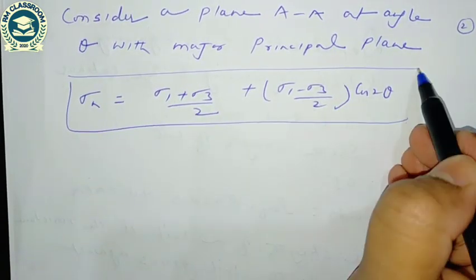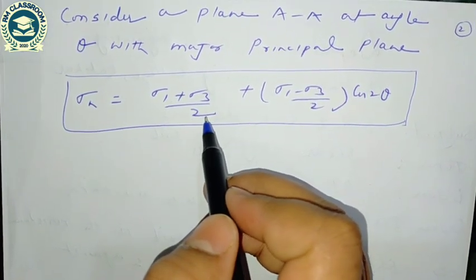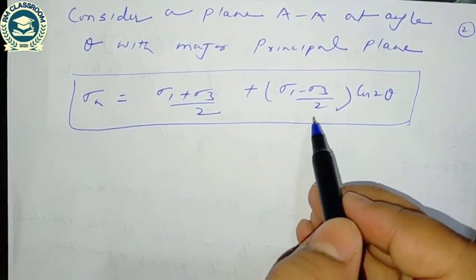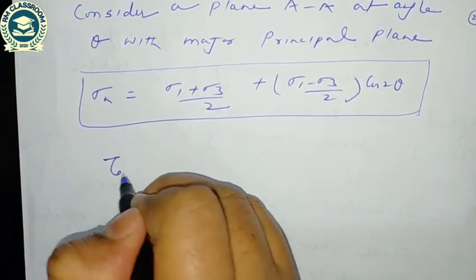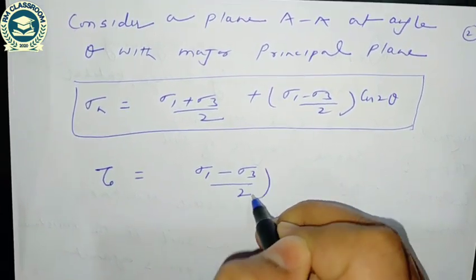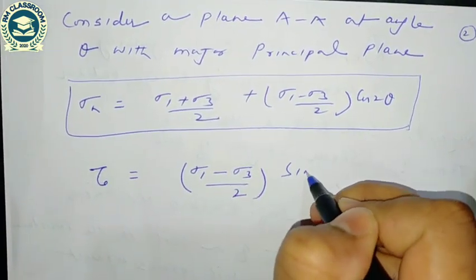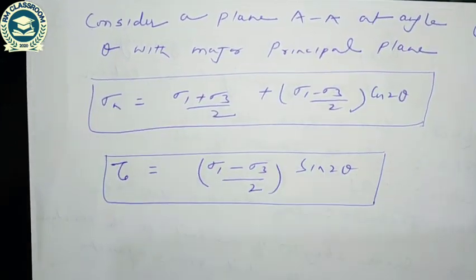In solid mechanics, I wrote sigma n equals sigma 1 cos square theta plus sigma 3 sin square theta plus 2 tau xy sin theta cos theta. Similarly, the tangential stress is equal to (sigma 1 minus sigma 3)/2 into sin 2 theta. These are the expressions of normal stress and shear stress.